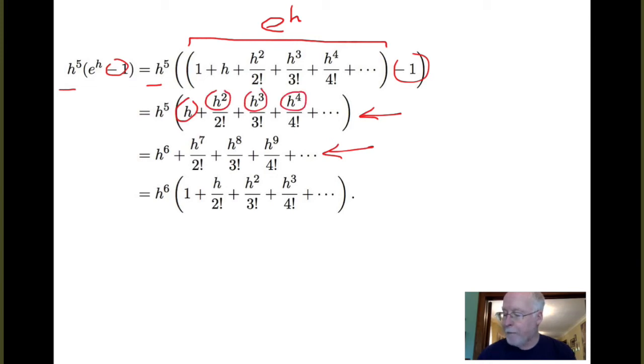And so we add 5 to all the exponents in that series expression to get what we have here. Finally, in anticipation of taking the limit as h goes to 0, we're going to factor out h to the sixth from each of these terms, because all these terms have an h to the sixth in common. And factoring that out gives us the expression down here. So later on, when we go to evaluate the limit, we're going to replace the numerator by this expression.